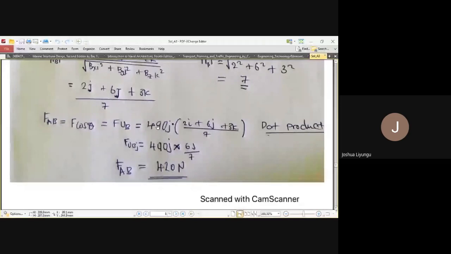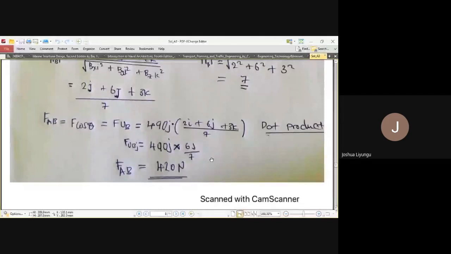What does it mean? It means 0 times 2i plus 490 times 6j plus 0 times 3k. I'm sure all of us know any number multiplied times 0 is equal to 0.